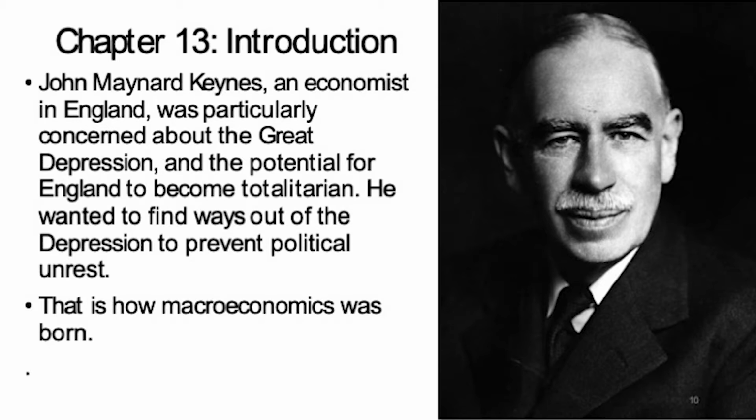And he was an economist in Great Britain during the Great Depression. And he wrote this book called The General Theory, trying to explain how we could get out of the Great Depression. And again, his primary motivation was to avoid totalitarian overthrow. He wanted to find ways out of the Great Depression to prevent political unrest.